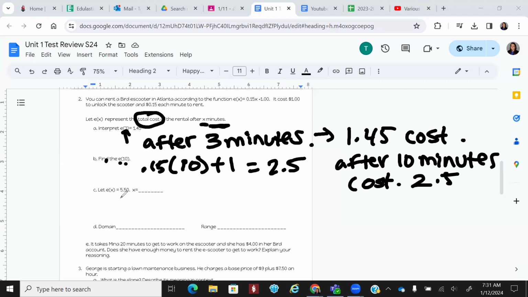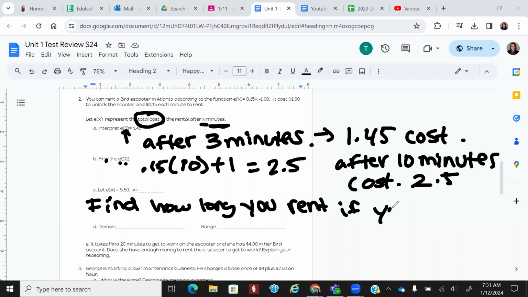Now, if I said, find how long you rent if you spend $5. How would we go about solving that one? Are we plugging in 5 minutes? Because what is the question asking you for?